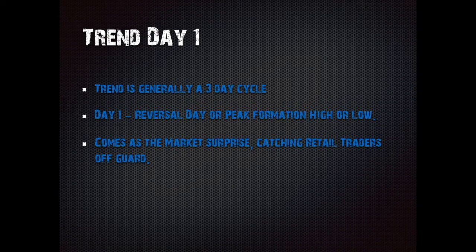What happens is the market maker's move comes as a market surprise, so it catches retail traders off guard when the day one reversal happens. Let's say the direction the market maker wants to go is higher.